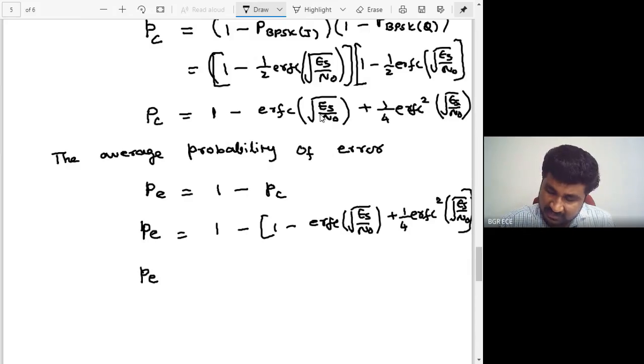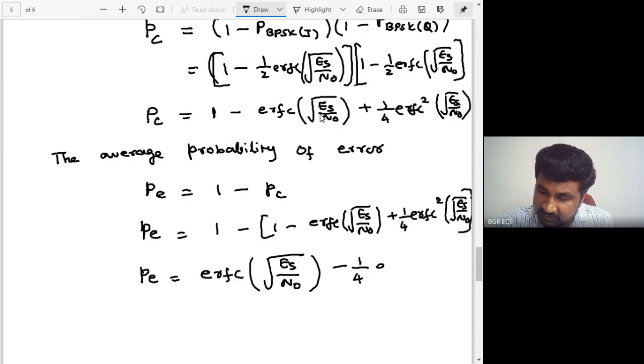So the probability of error can be written as error function of square root of ES by N naught minus 1 by 4 error function of square root of ES over N naught the whole square.